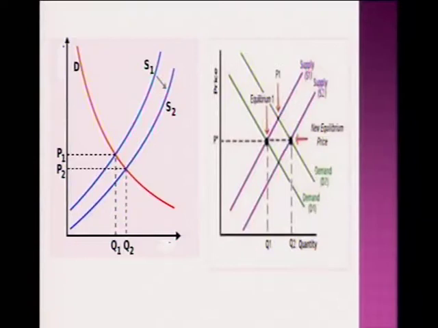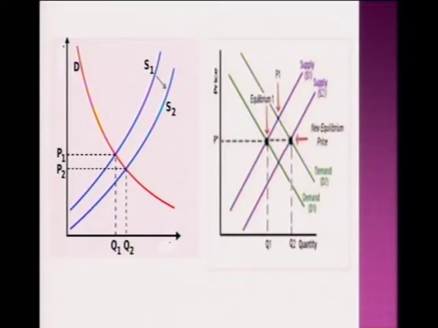So this is a shift of the demand curve or the supply curve, but a movement along the demand or supply curve is a result of changes in price. The other diagram here shows us the equilibrium position in the market at any point in time.